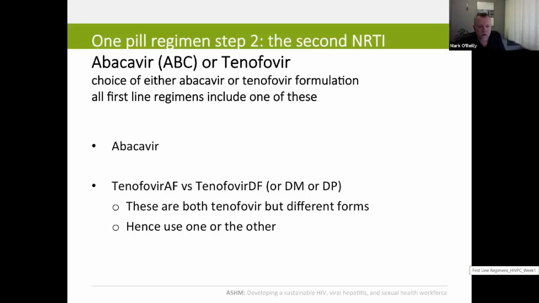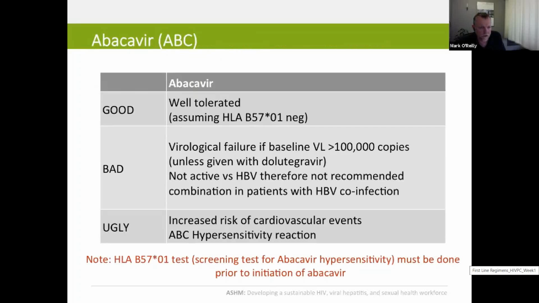But comparing it, tenofovir alafenamide is equivalent to tenofovir disoproxil fumarate and its associated salts. So essentially, TAF and TDF are different forms of tenofovir. So you would use one or the other form of tenofovir.